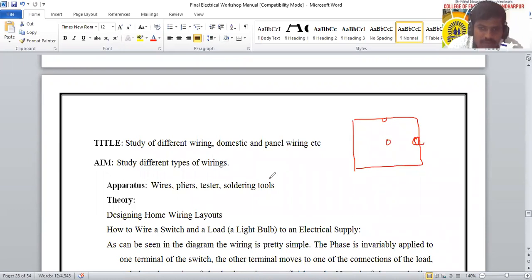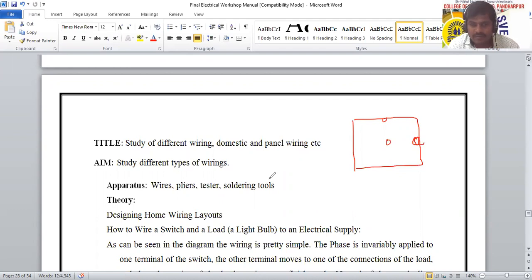But in case of staircase wiring, one load can be controlled by using two switches. In case of a single load on the place of stairs, the switches are at the ground floor and the first floor. By using these two switches you turn the load on and off.